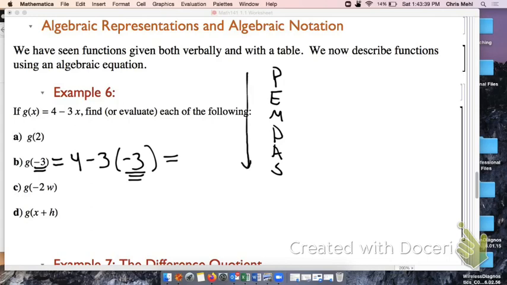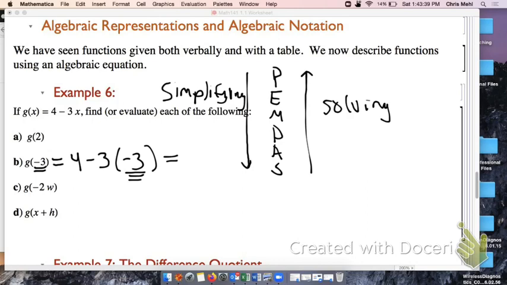Using PEMDAS in this direction for the acronym is for simplifying. And then if you use PEMDAS in the reverse order, this is for solving. Okay, so basically we're simplifying in this case.